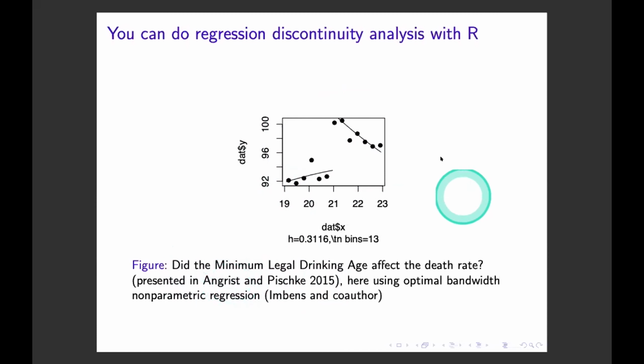This particular estimate comes from a facility in this package, so you can do a non-parametric regression which incorporates an optimal bandwidth calculation. That's Imbens. Imbens is perhaps a lesser-known econometrician, but as you can see, he's been doing lots of this kind of work, and he's also a co-author of Rubin.